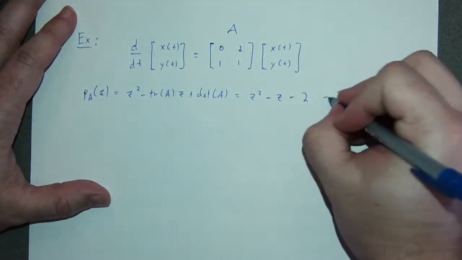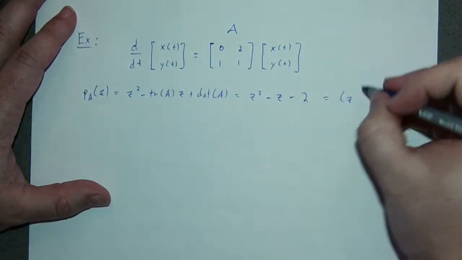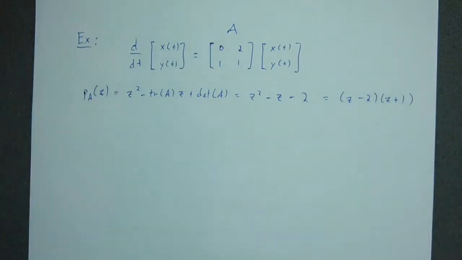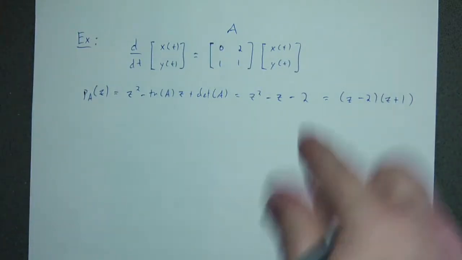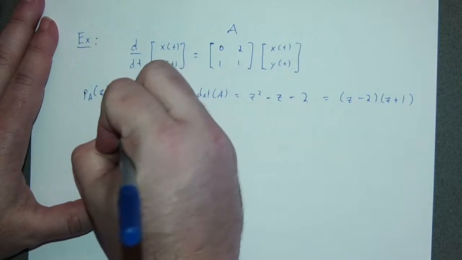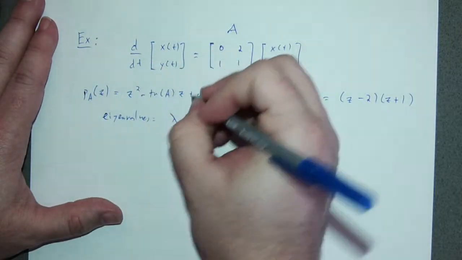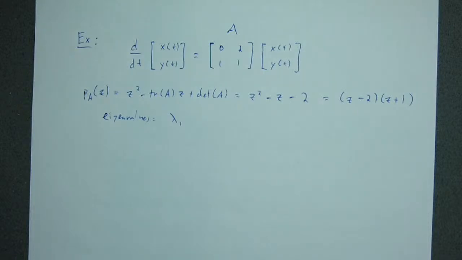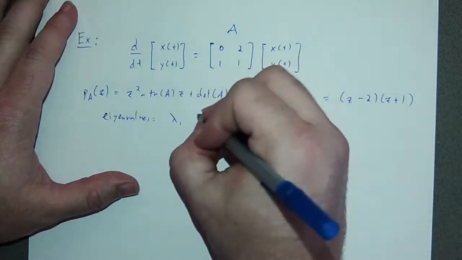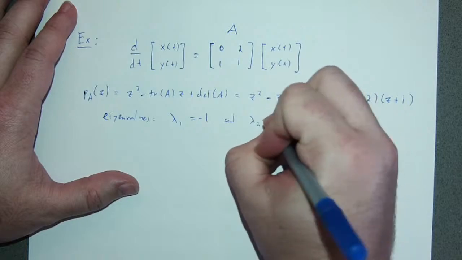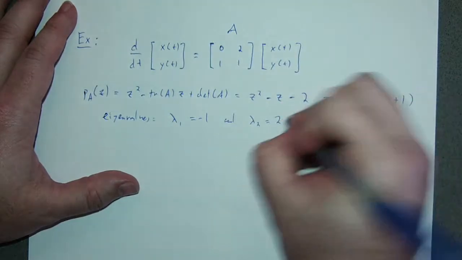This factors pretty easily as (z minus 2)(z plus 1). All right, so the eigenvalues are, we'll say, lambda 1 is minus 1, and lambda 2 is 2.